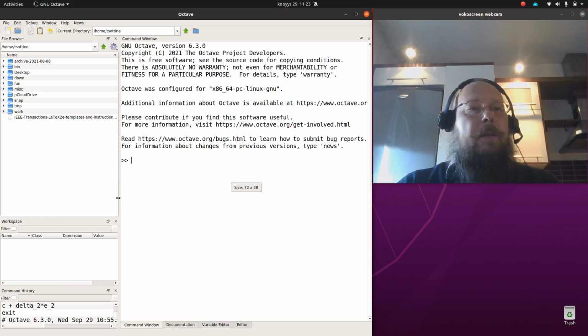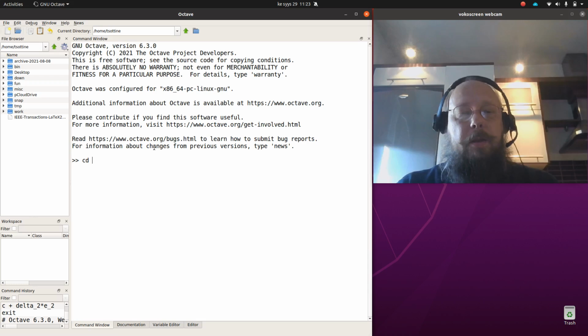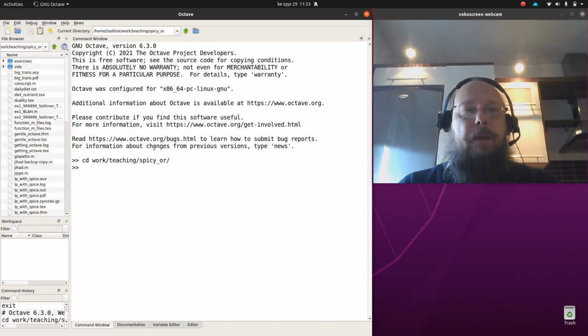And as always, when we start, we should have a correct directory. You can change the directory here, or you can change it here, or you can use the cd command. I use the cd command, cd for change directory. So now the directory is /home/tsottinen, so I will go to tsottinen work and teaching and spice OR. Now it's the correct directory.